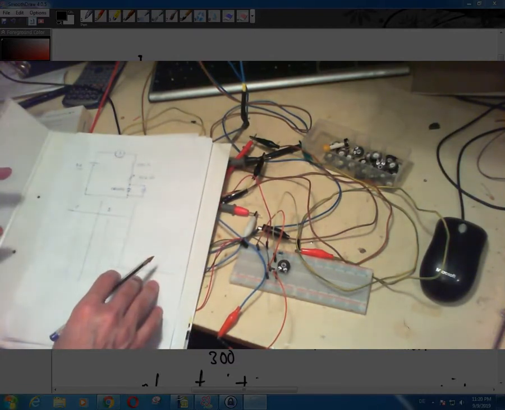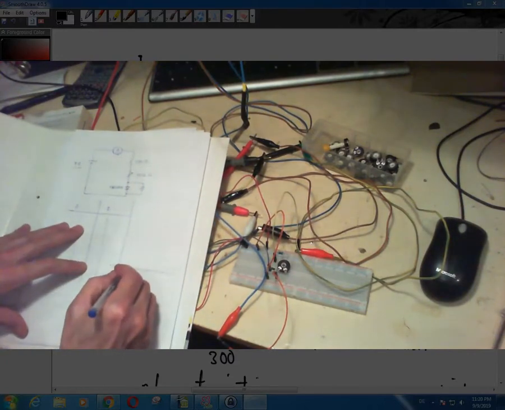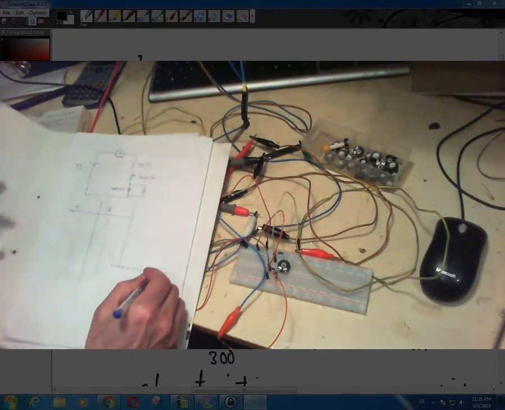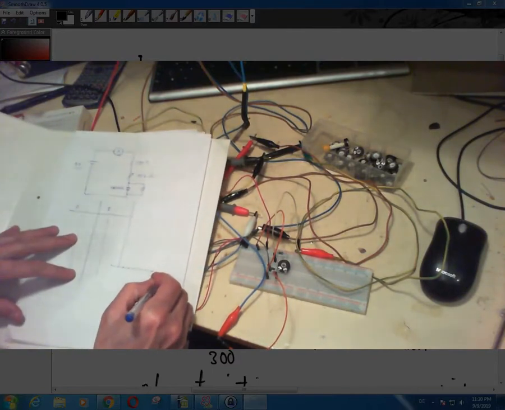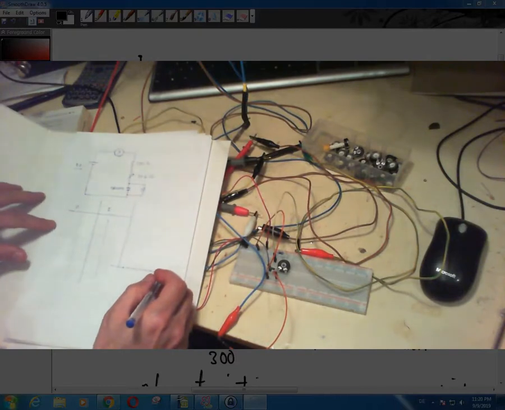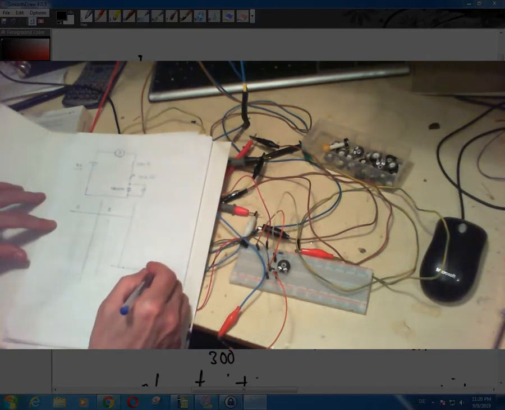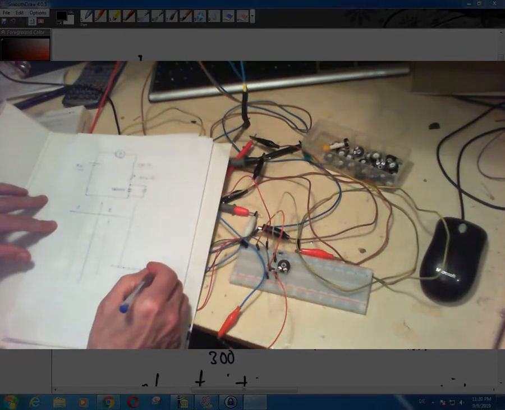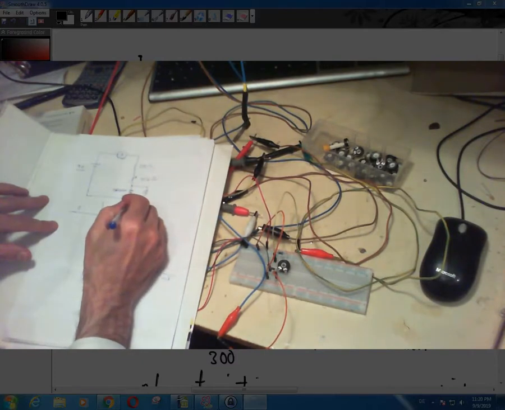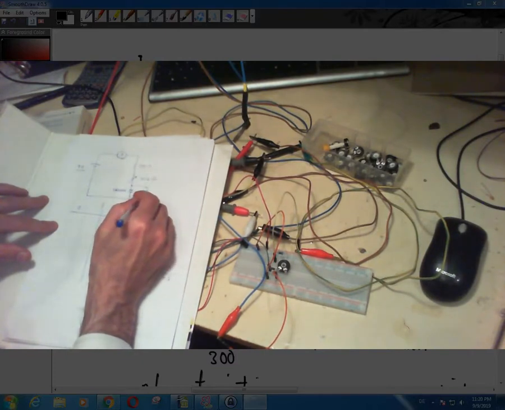So all the way up to 0.6, 0.7, so let's say 0.1, 2, 3, 4, 5, 6, 7, and 8. This is, for example, 0.8, and this is your current in milliamps.